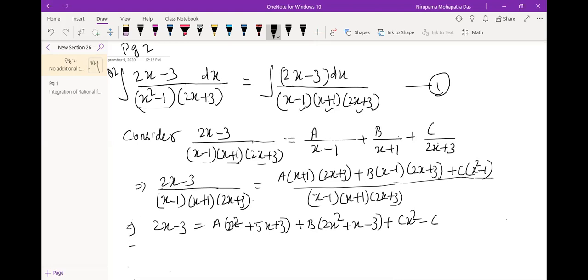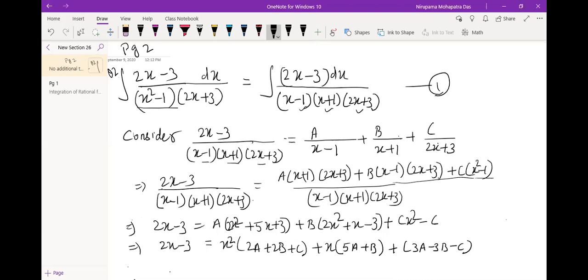Now it means we have 2x minus 3 equal to x square into 2a plus 2b plus c, plus x into 5a plus b, plus constant term 3a minus 3b minus c.